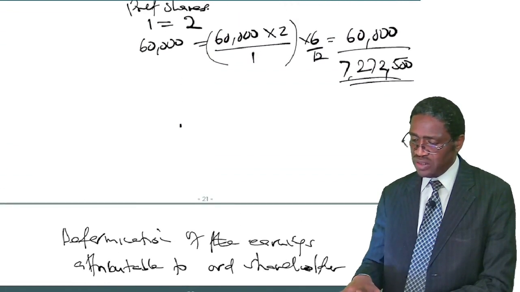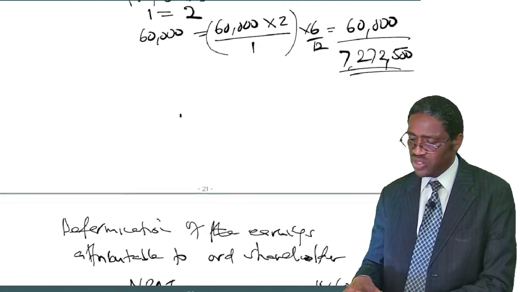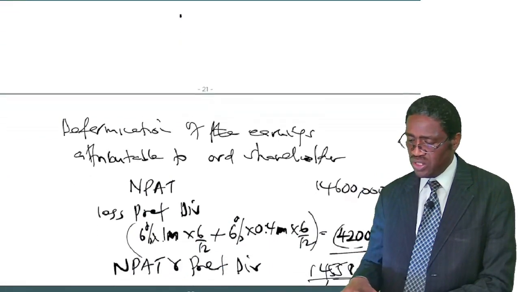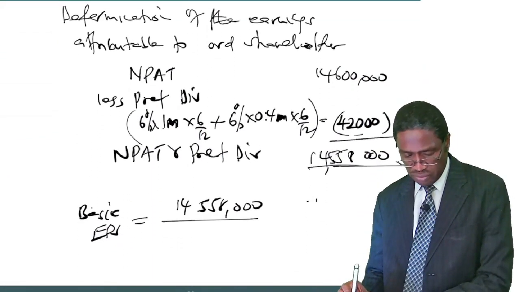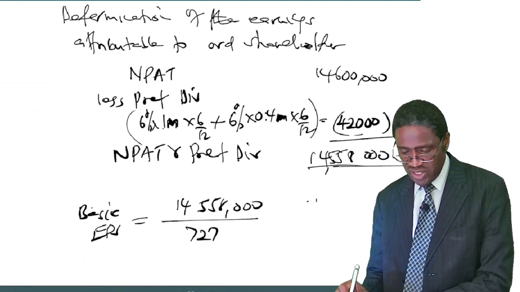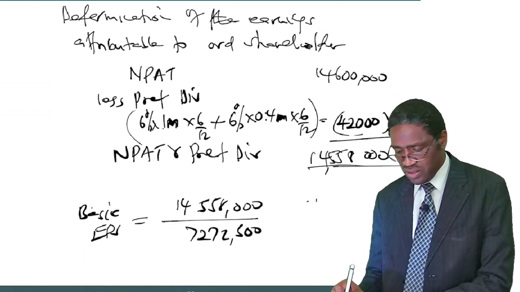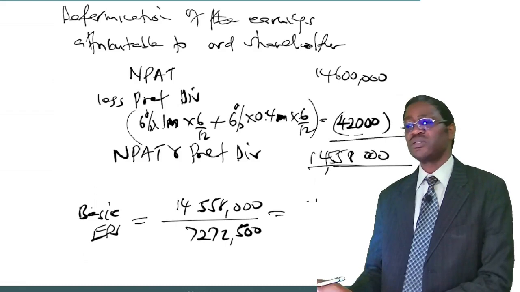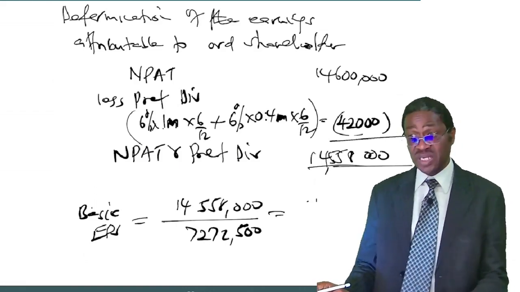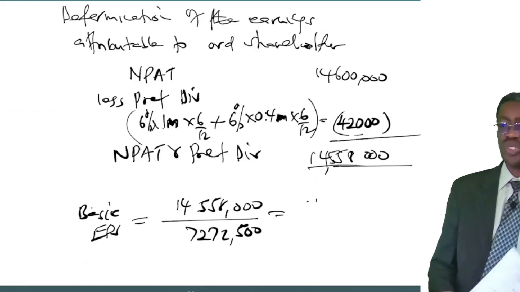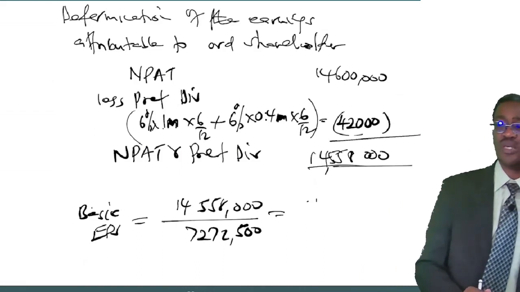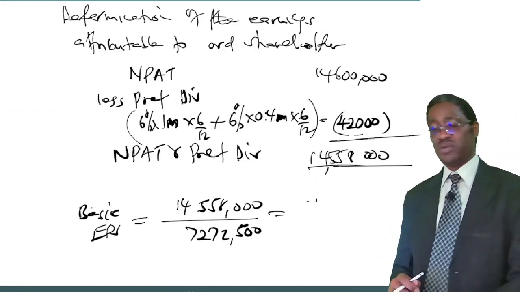Let's go back. 7,272,500. Good, we got it as 7,272,500. Somebody calculate it. What becomes the basic EPS now, before we go to the last part, which is to compute the diluted EPS?